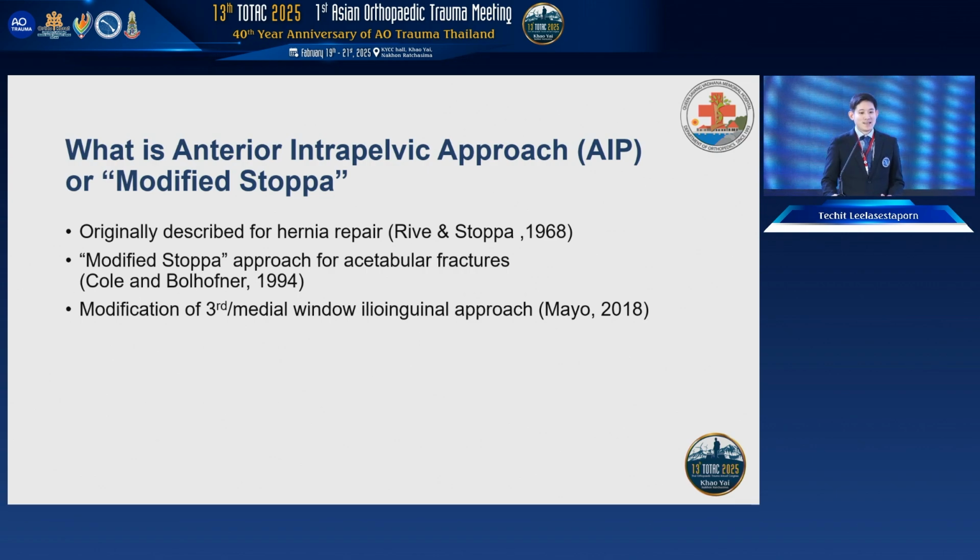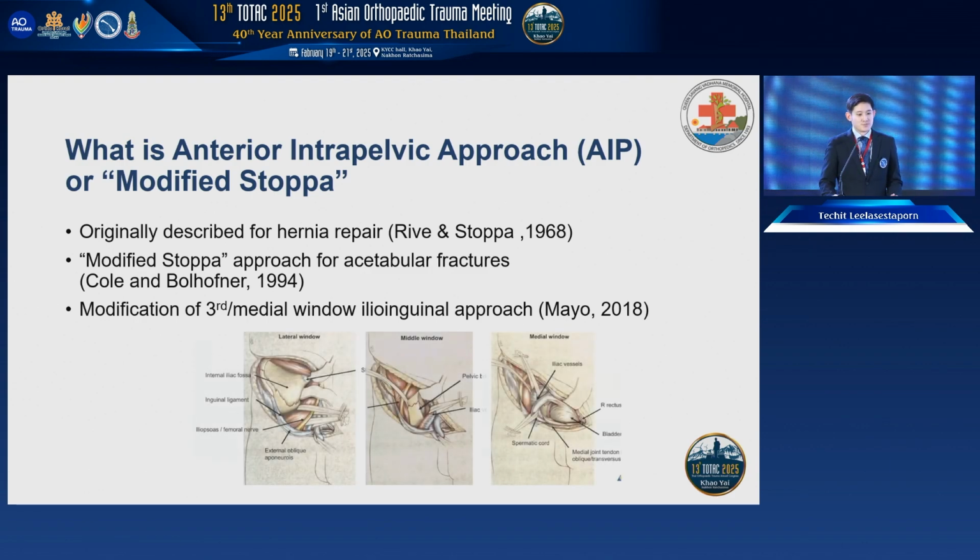So what exactly is the intrapelvic approach, or the modified Stoppa? It was originally described as an approach for hernia repair by Stoppa, and then Cole and Bolhofner modified the approach to fix the acetabulum in the anterior approach. Then it was also described by Keith Mayo in 2018 as a modification of the medial approach of the ilioinguinal.